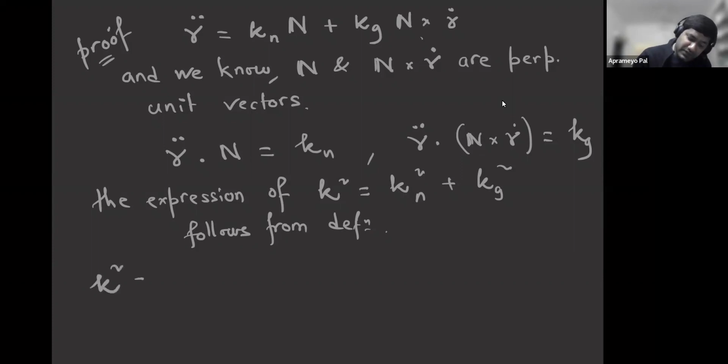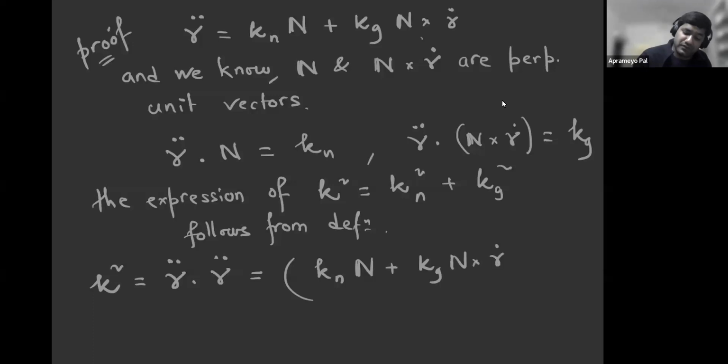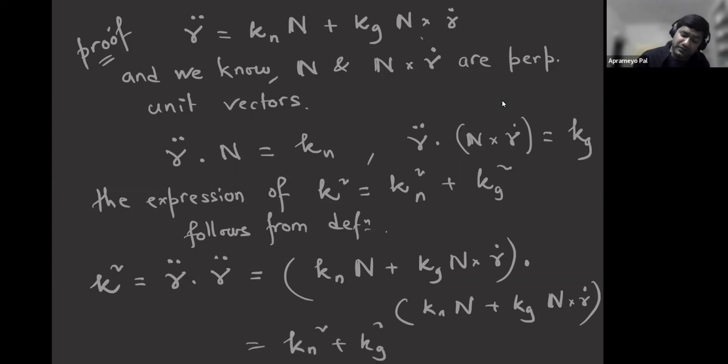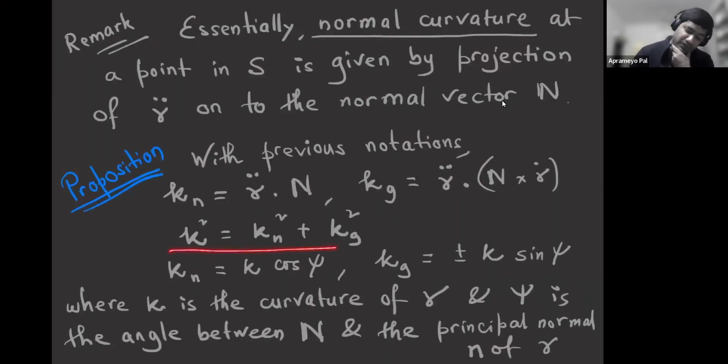So k square is essentially gamma dot dot, dot again kn. And if you expand this out, along with the property that these are perpendicular unit vectors, then this is kn squared plus kg squared. Okay, good. So we are done also for this one.